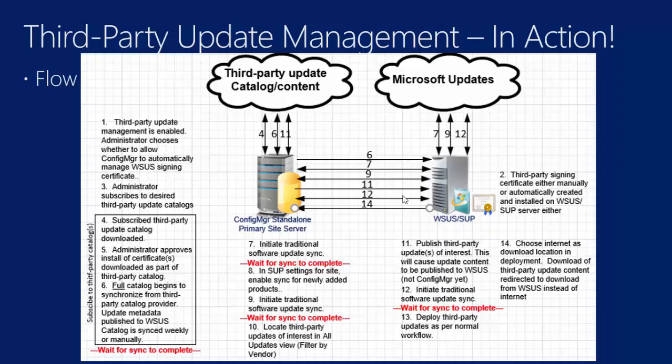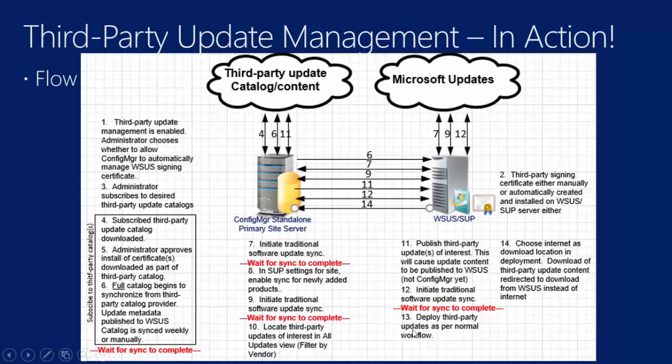Metadata only, I think it's called, at this step, prior to step 11, will be set to yes. Metadata only means we can scan for that update content, or the systems that require that update, but we cannot deploy the update. We don't have the content. Publishing the update causes the content to be retrieved, right? And we'll change that metadata only from yes to no. And so we learn about that when we do the traditional sync.